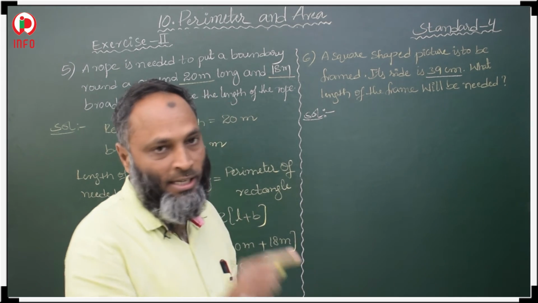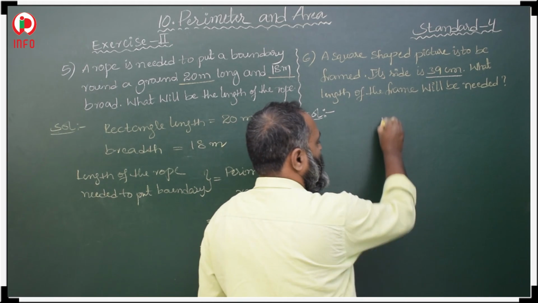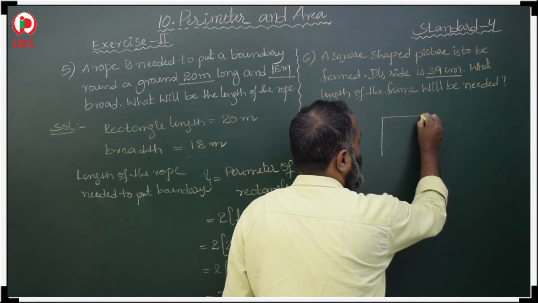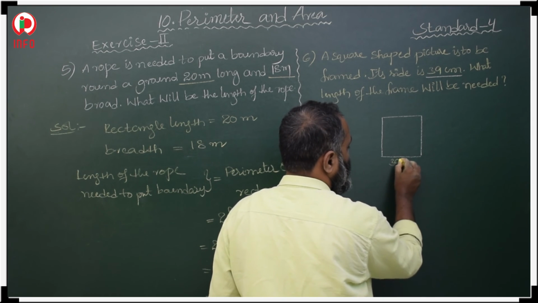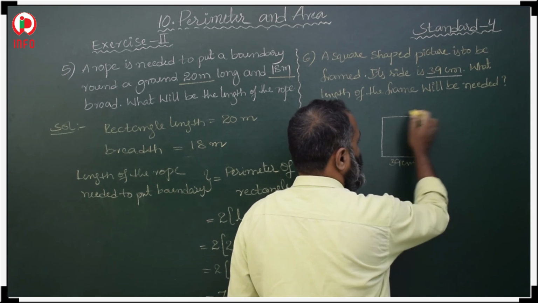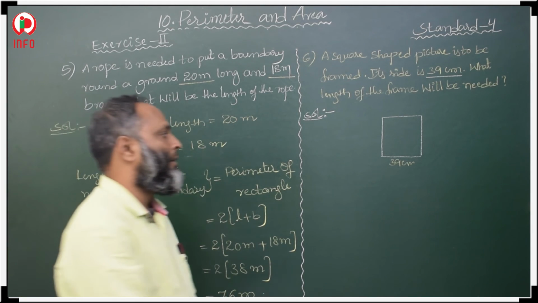Okay. So only one side is given, that is 39 centimeters. This is the square type frame, so the side is 39. What is the length of this frame he is asking? Means perimeter. So we have to find the perimeter.